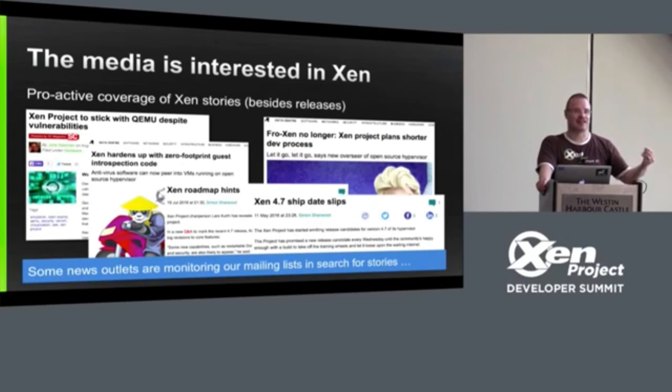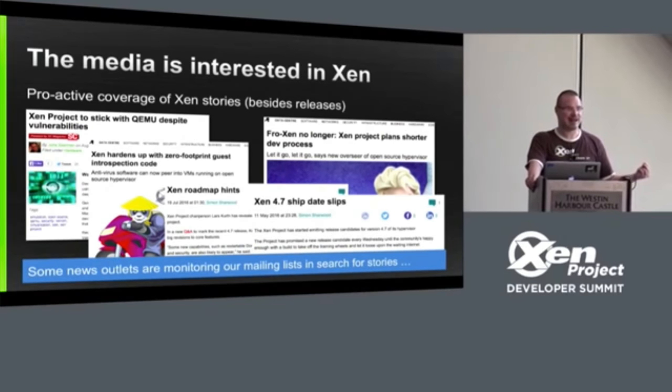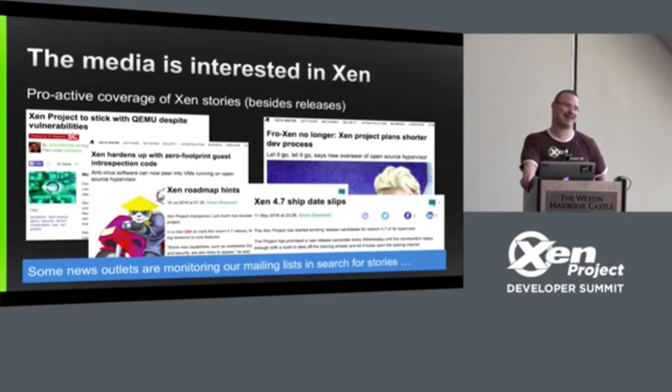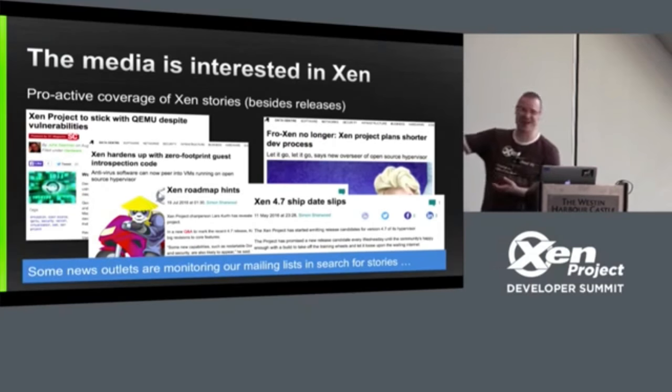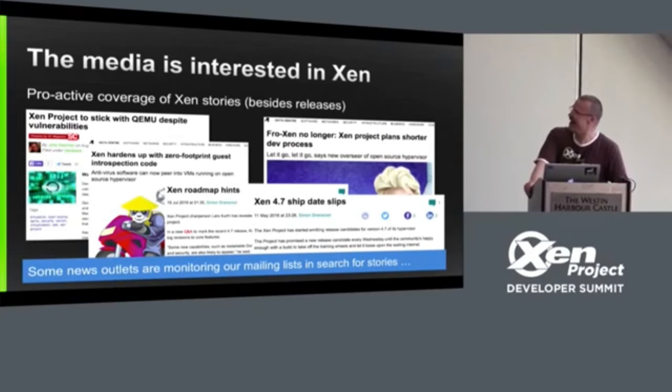The Register and some news outlets even read our mailing list now. That really surprised me. For example, when we had a discussion about the 4.7 release and it was going to slip, there was a discussion about the slippage on xen-devel. And then the next day there was a Register article.